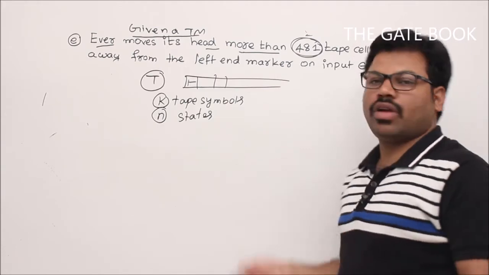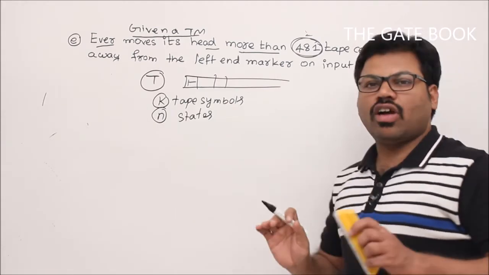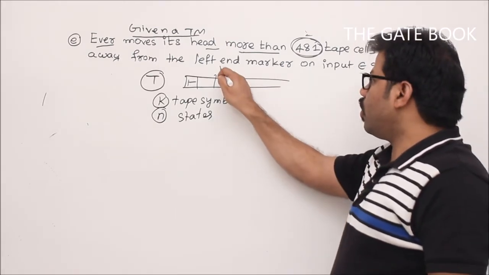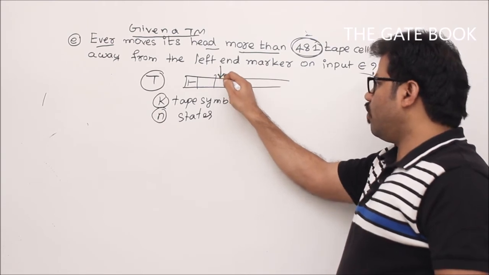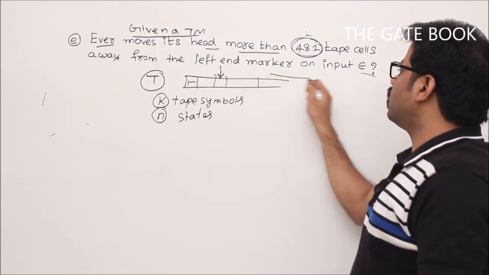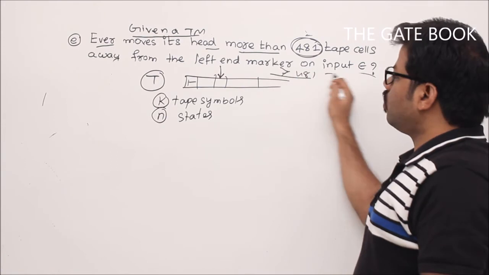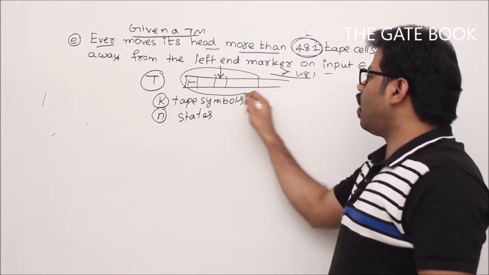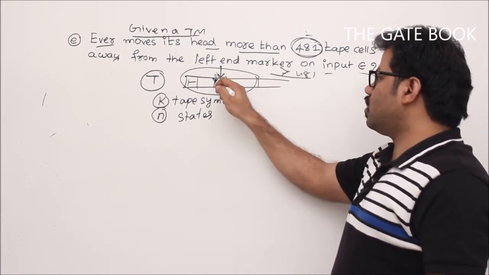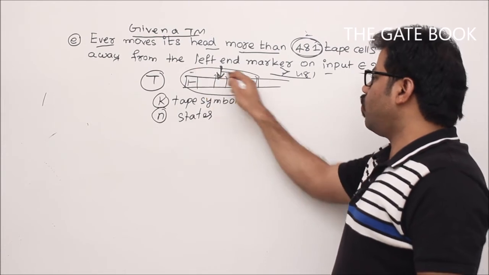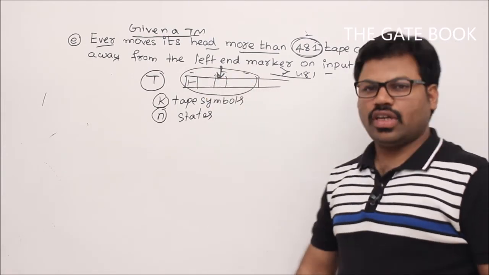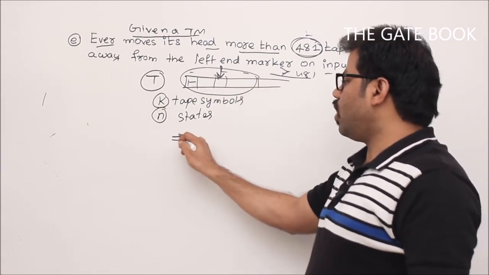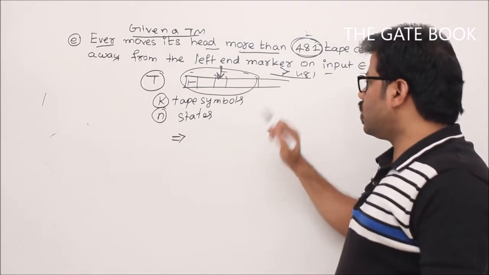Okay, now you do one thing. First of all, calculate the number of configurations. How many different configurations are possible where your head never moves more than 481 steps? In how many configurations is your Turing machine's pointer going to stay in the first 481 cells? For that, the formula will be, do you remember, for two cells.